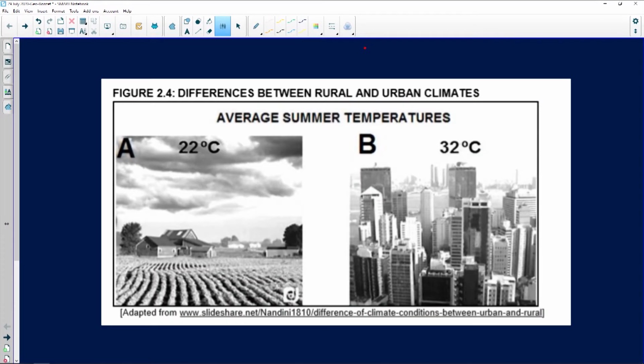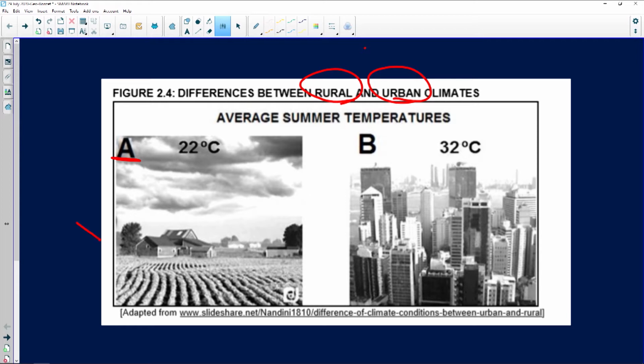Now, if you look at figure 2.4, we have the differences between rural and urban climates. Immediately, if you look at the two photos presented to us, A we can identify as a rural area. How do we know that?